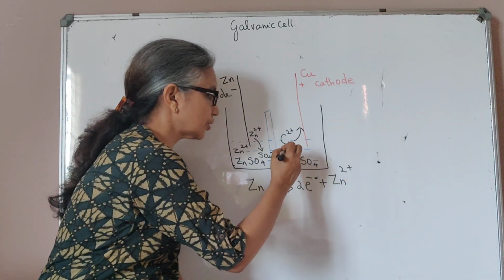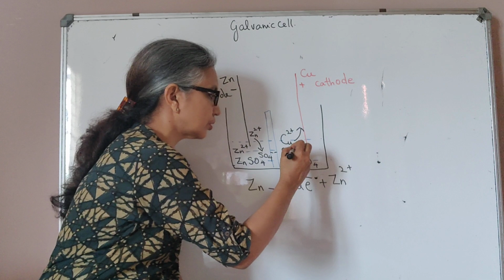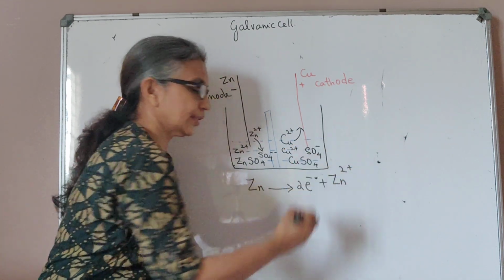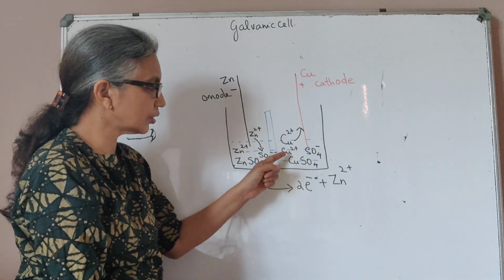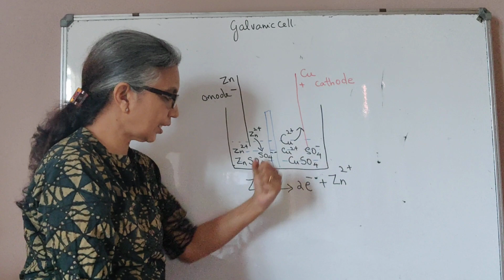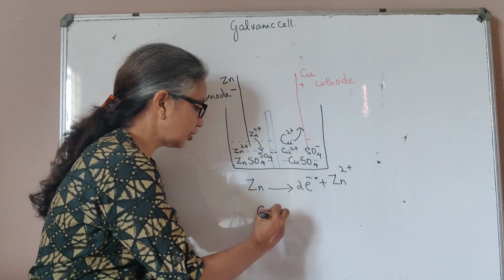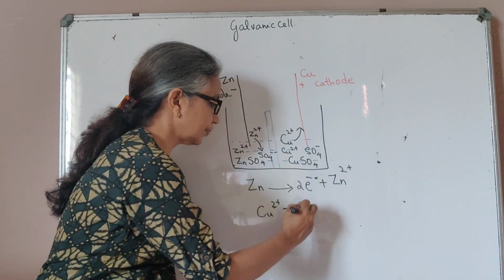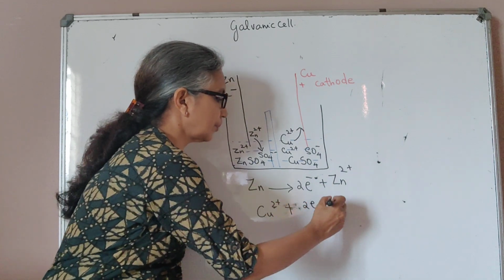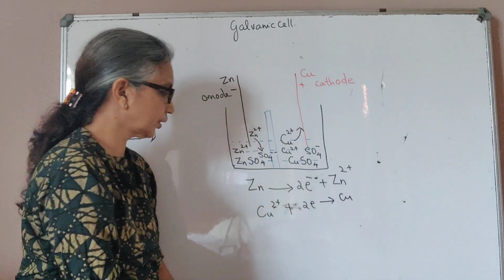This electrolyte will dissociate into copper cation and SO4 2-. Now, this copper ion in the electrolyte will take two electrons to become a copper atom.